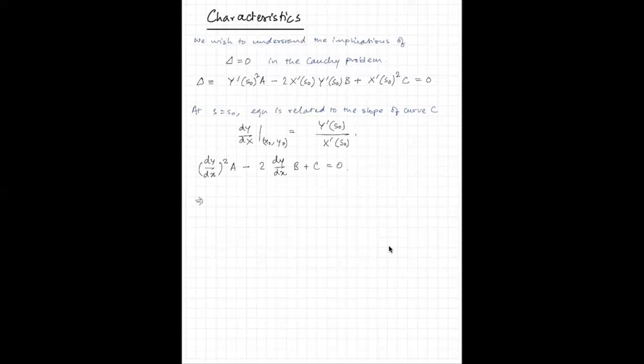That essentially means that dy dx is just given by b plus minus root over b squared minus ac by a, right?